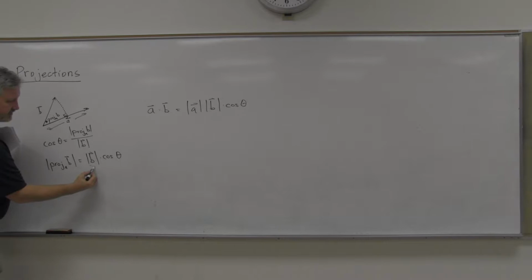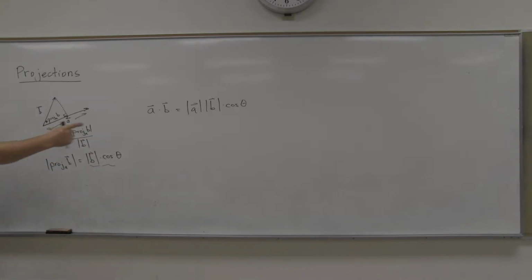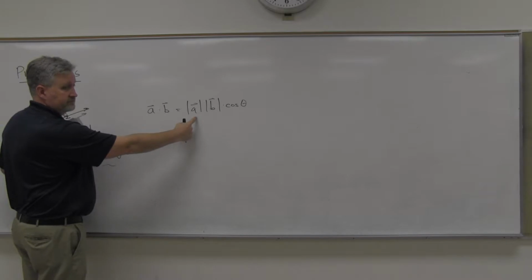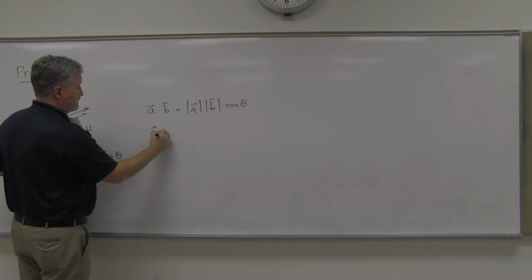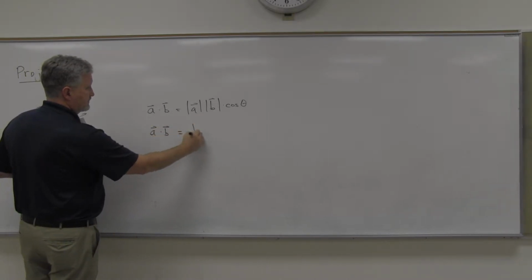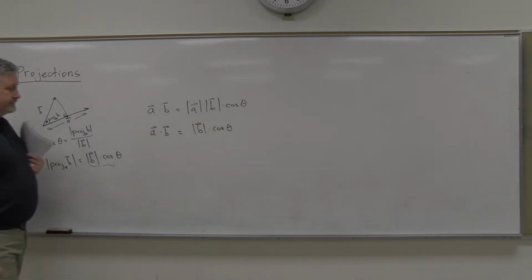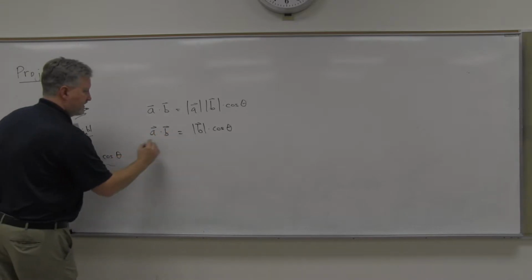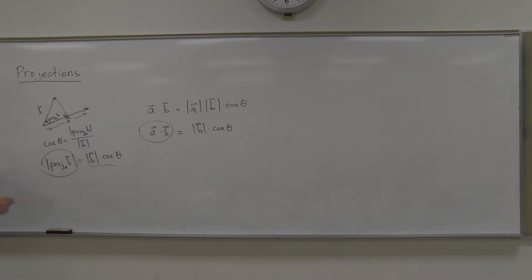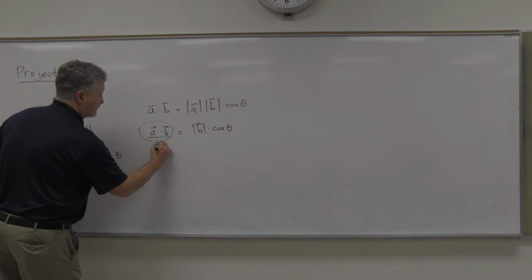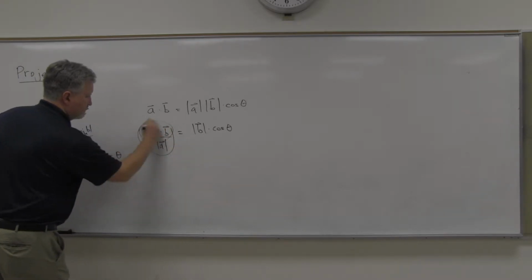If you take that and divide by the magnitude of A, then A dot B over the magnitude of A is also equal to the magnitude of B times the cosine of theta. Oh, I forgot my magnitude of A. I said it, but didn't write it.